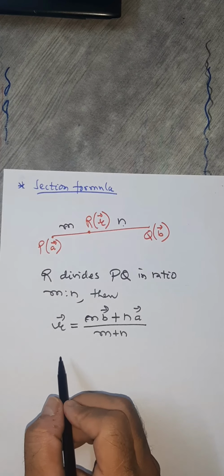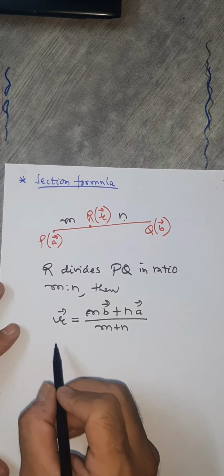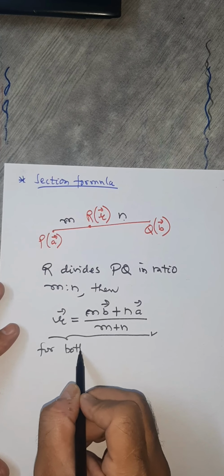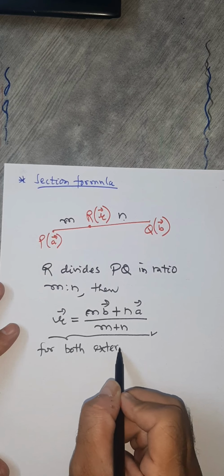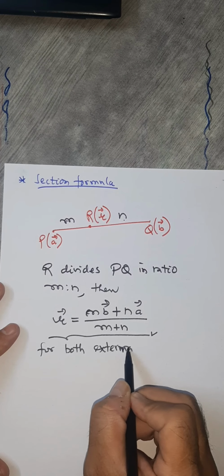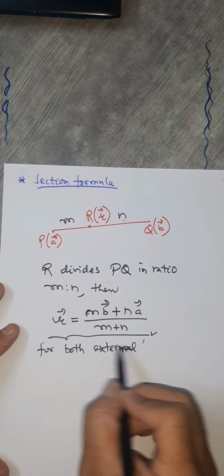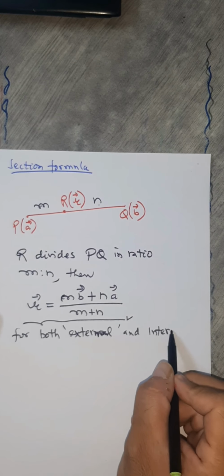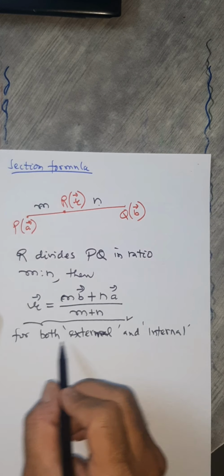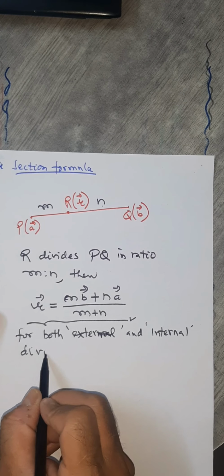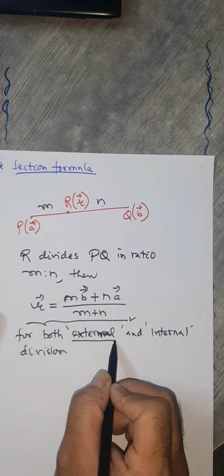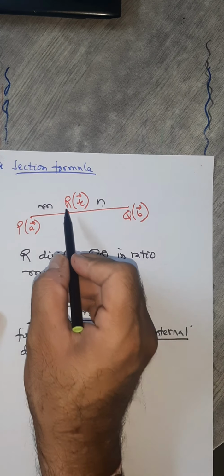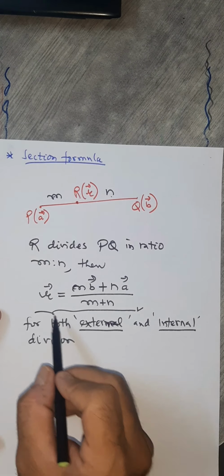This will work for both internal as well as external division. What do you mean by external division? That the point of division R is outside the line segment. What about internal division? That the point is inside the line segment.